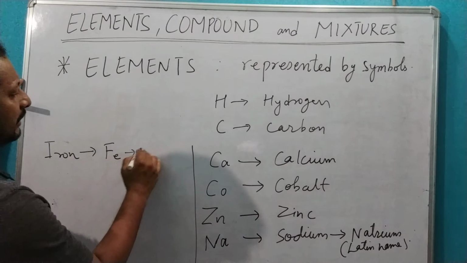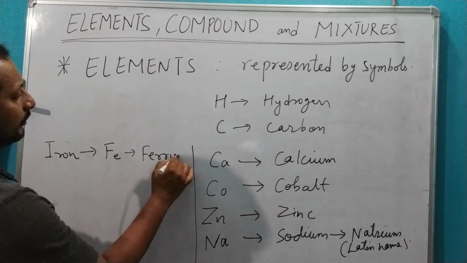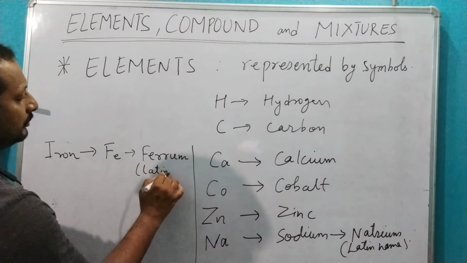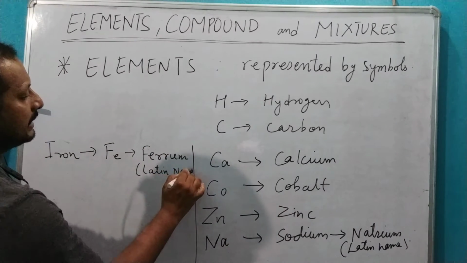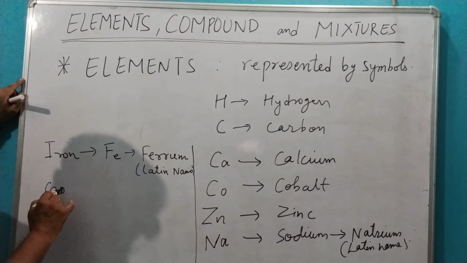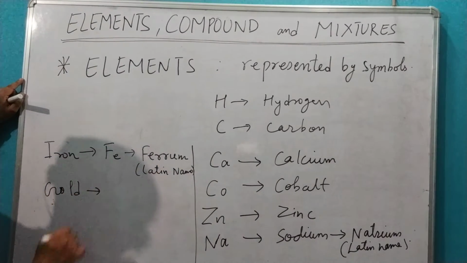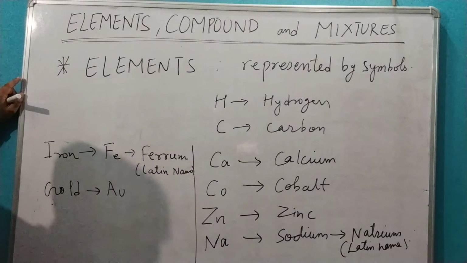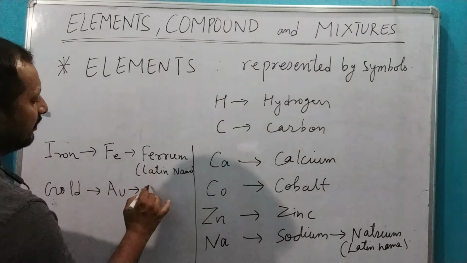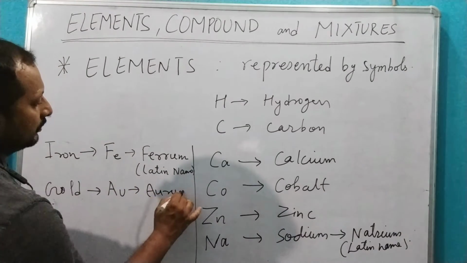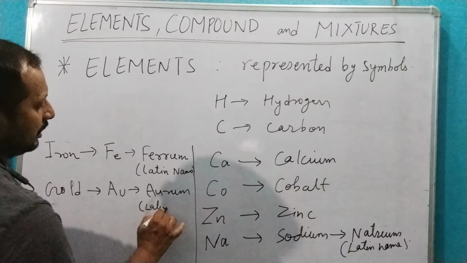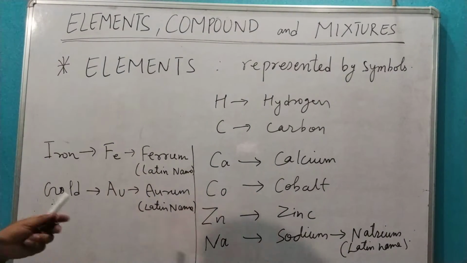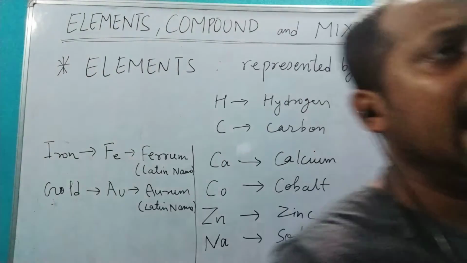The Latin name of it is ferrum. In the same way, gold is an element whose symbol is A capital, u small, Au, and its Latin name is aurum. So there are different ways by which we write the symbols of elements.